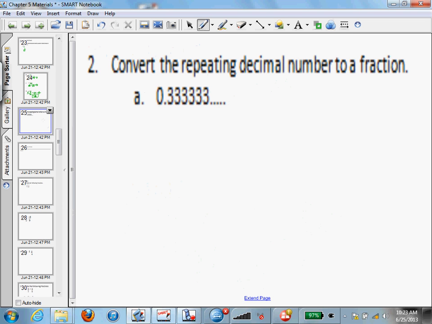Okay, so now if we want to convert the repeating decimal to a fraction, so we have 0.33 going on forever. What we need to do is look at this as 3.3 repeating. And how did we get this 3 to move over?